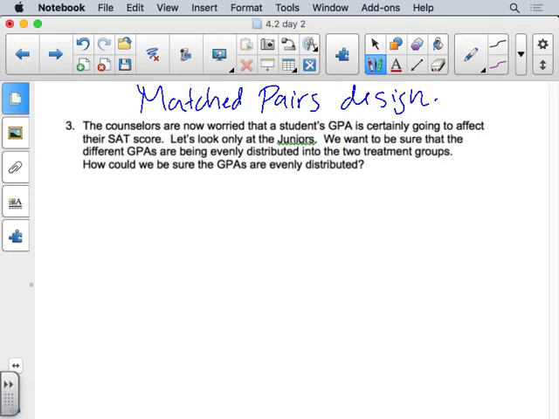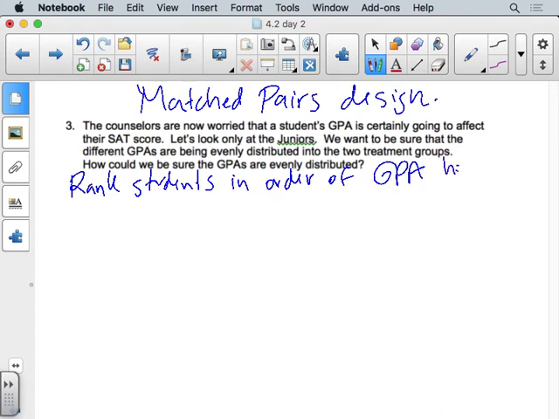So what I did is I just said, rank students in order of GPA, and you can do highest to lowest, whatever. So highest to lowest.